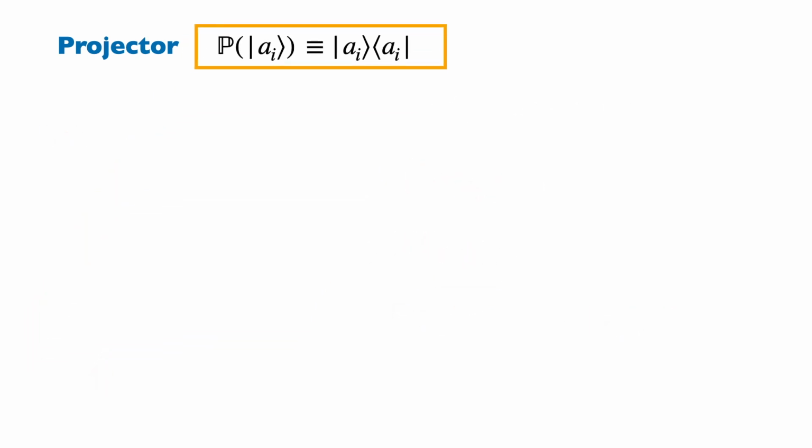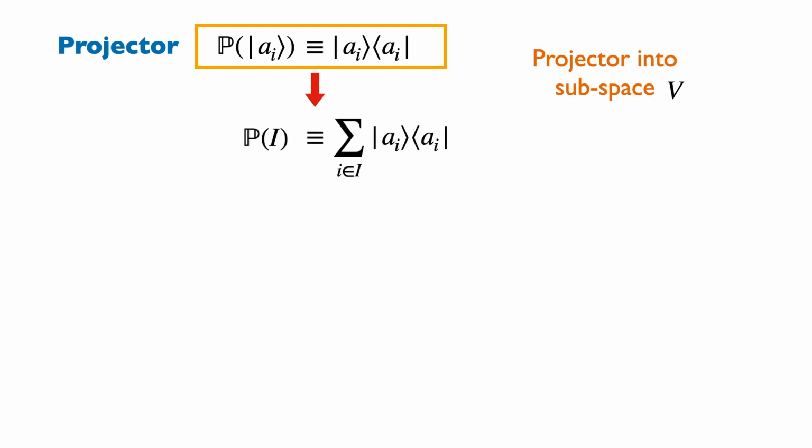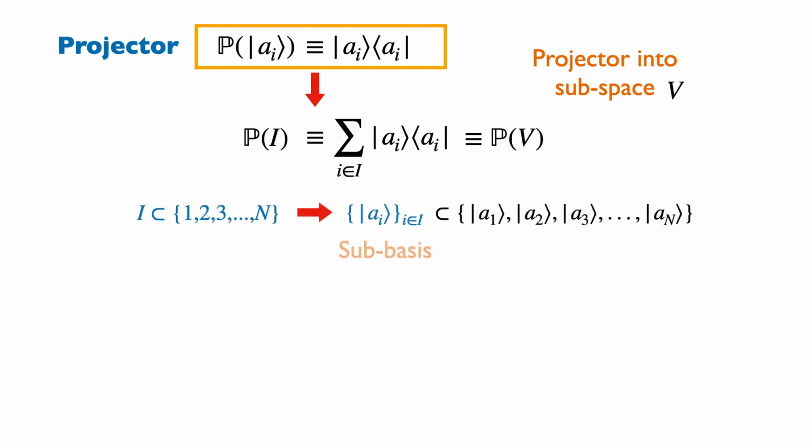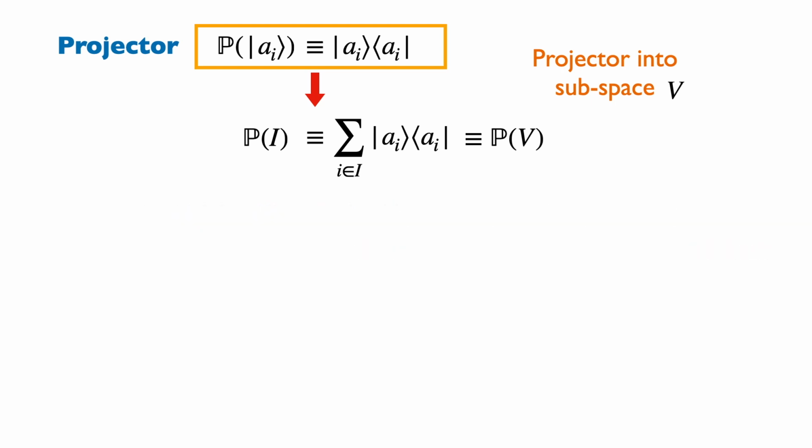In general, besides projecting out just a vector, one could also project an entire subspace. This involves the sum of projectors corresponding to a subbasis. By definition, all vectors belonging to the subspace can be expressed in terms of this subbasis. Here we introduce the concept of the span of a set of vectors.